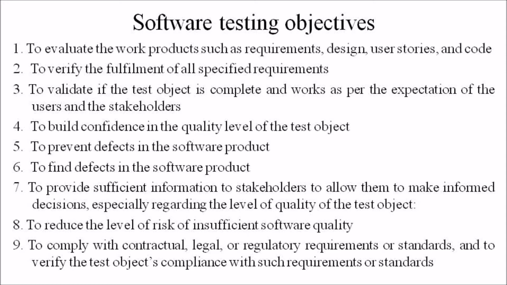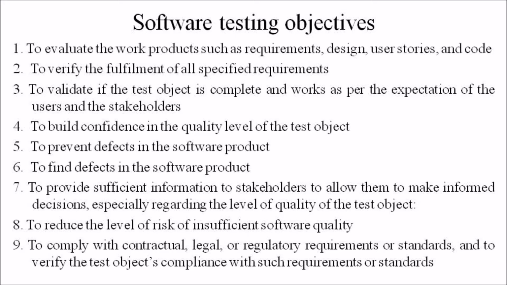Fourthly, to build confidence in the quality level of the test object. Fifth point is to prevent defects in the software product. Sixthly, to find defects in the software product. Seventh point is to provide sufficient information to the customer to allow them to make informed decisions, especially regarding the level of quality of the test object.